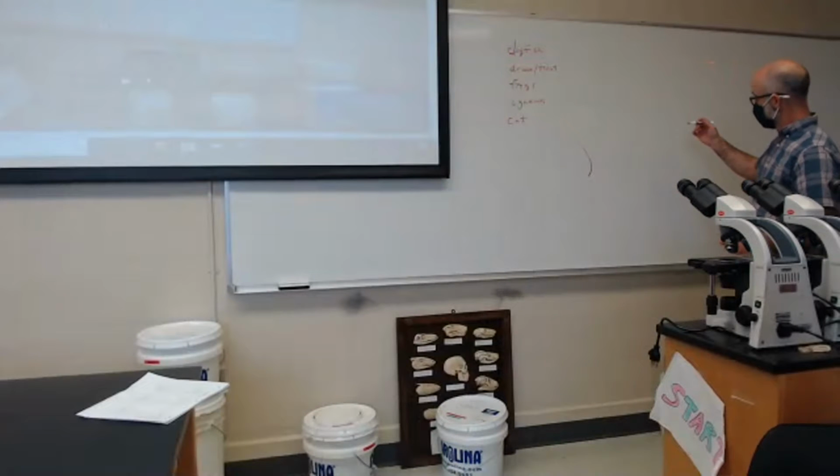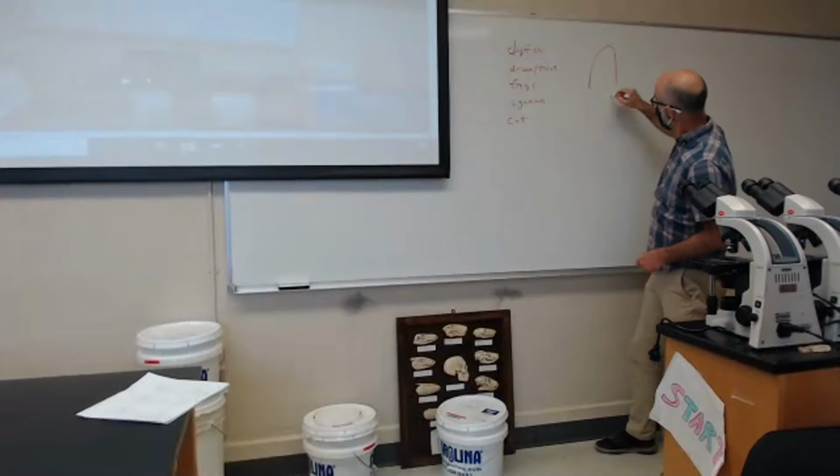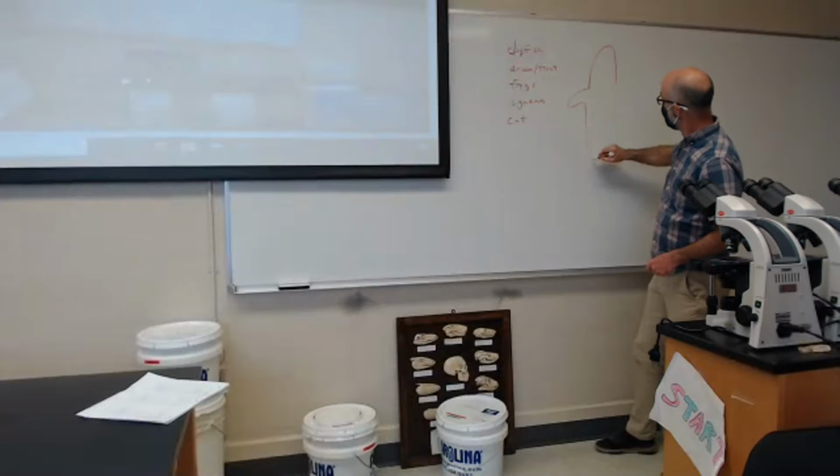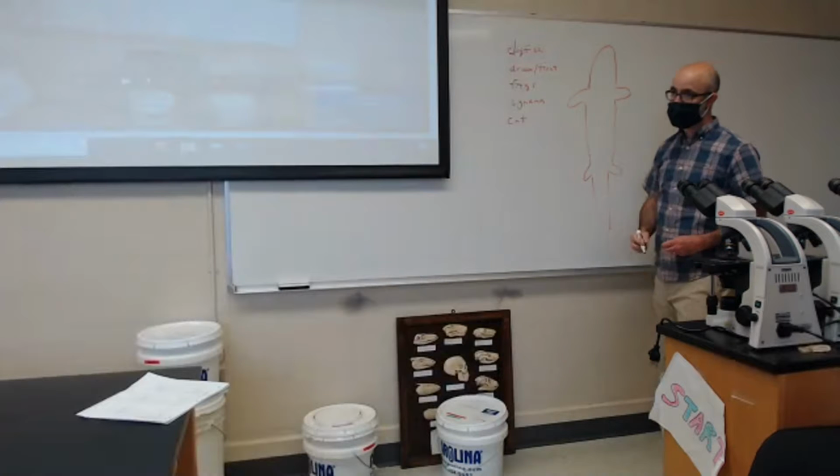If you take a basic vertebrate, we all kind of look like this, whether it's the dogfish or the others. Now, there are a lot of weird modifications. You can get legless things like snakes or caecilians.